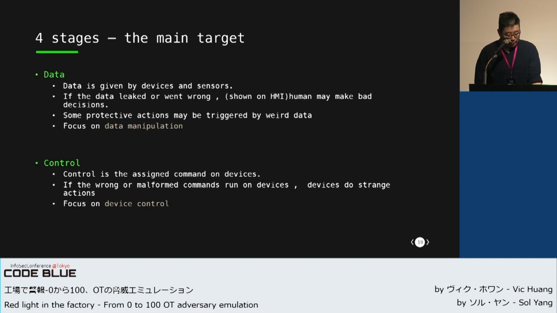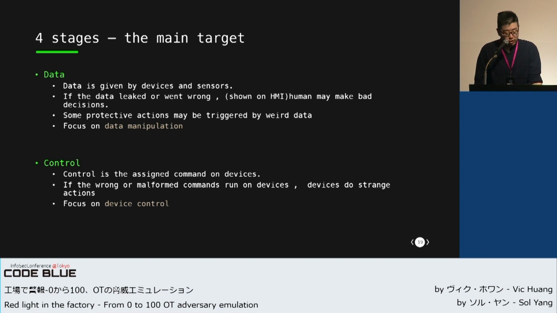So the main targets of this attack process is data targeting. The attacker can try to ruin the data that shows in the human interface to make the human make bad decisions or trigger some protective actions.